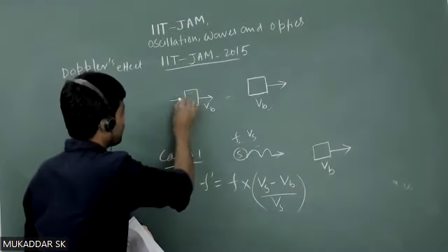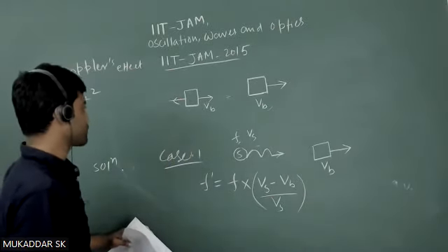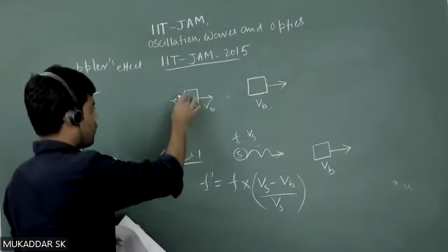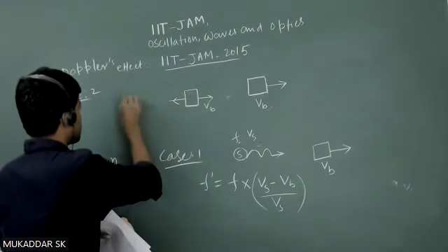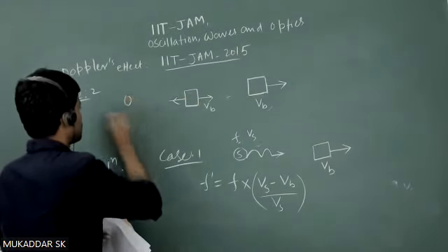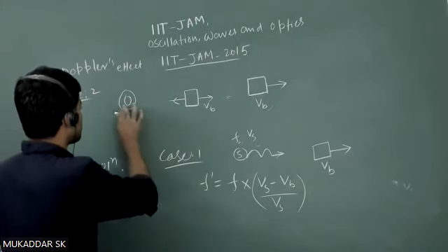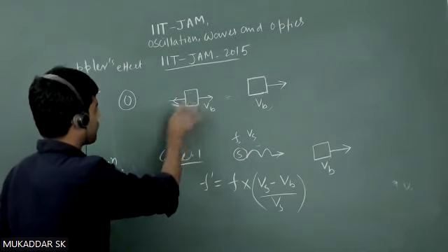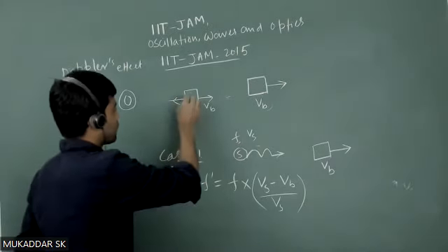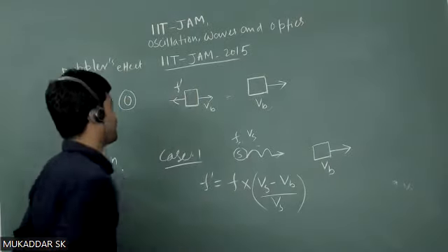So this blood cell will act as a source, because the sound is reflecting from it, and you have an observer here. The observer is stationary and the source is moving away from this observer, emitting frequency f dash.